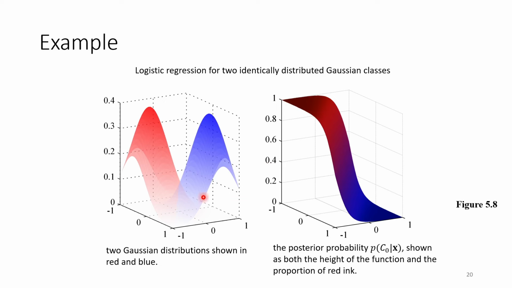On the contrary, if the location of the input value is closer to this side, then the probability of the second class C1 will be higher. So of course, the probability for the first class C0 will be lower. So it will look like this shape.